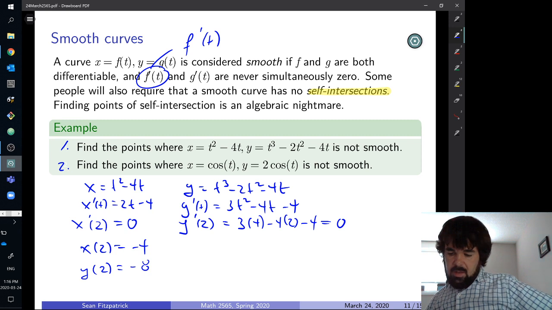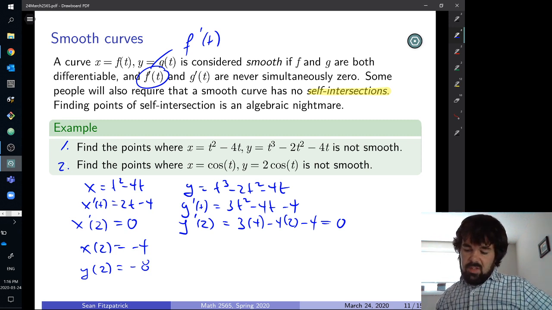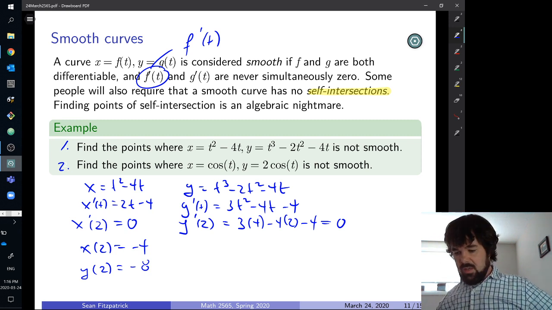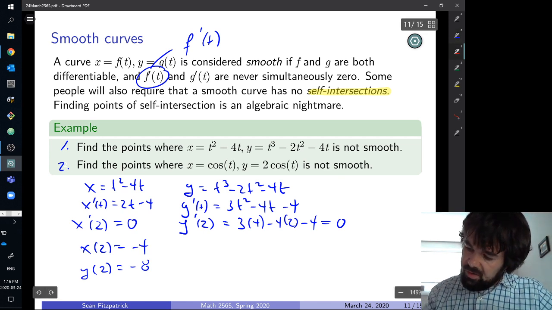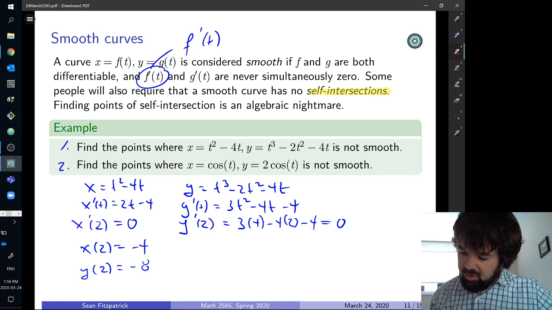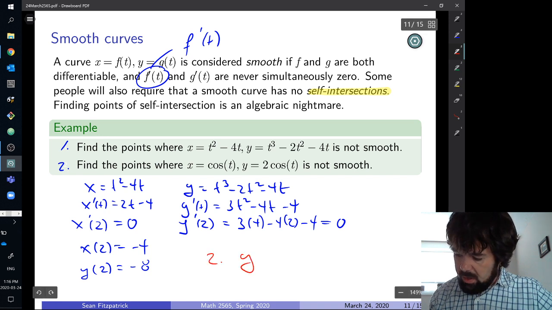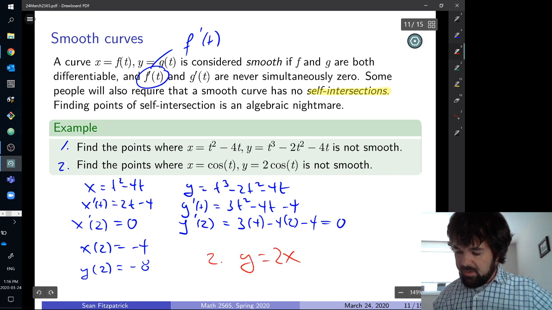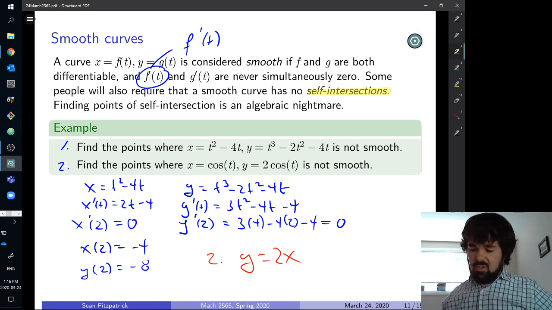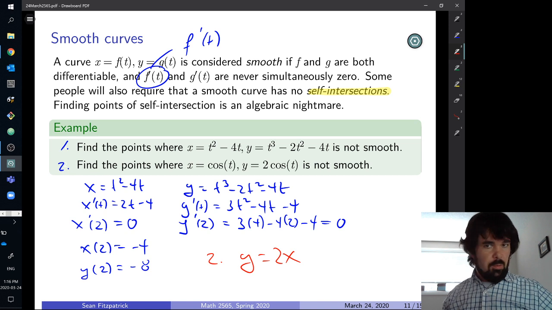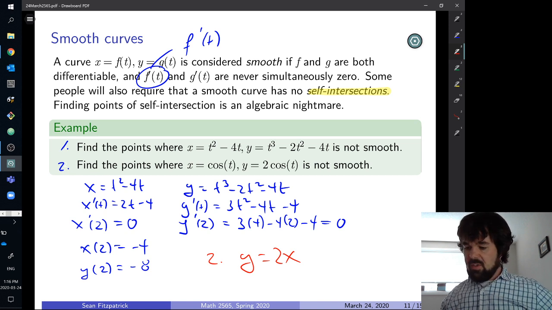Okay. And now, the second one is interesting. If you think about what number 2 says, y is just 2x, right? Number 2, y is equal to 2x, okay? It's actually just a straight line, so why not smooth? That's kind of weird. Like, what are we talking about not smooth? Well, it's a line, but it's not the whole line, right?